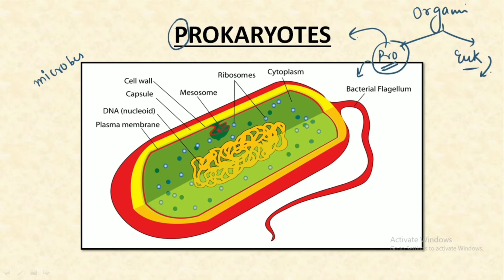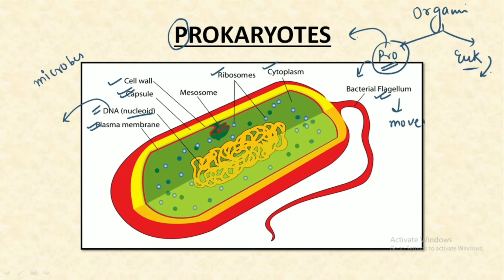Talking about the structure of the prokaryotes or the microbes in particular, the common important components they carry are, the first one is the cell wall, then we have a capsule layer inside the cell wall, then we have the DNA or the nucleoid which is the genetic material, then we have the plasma membrane, ribosomes, cytoplasm, and the bacterial flagellum.